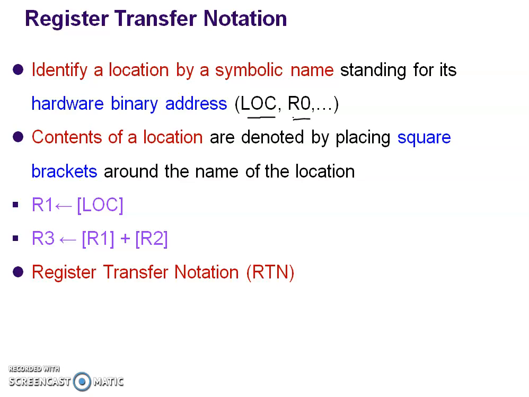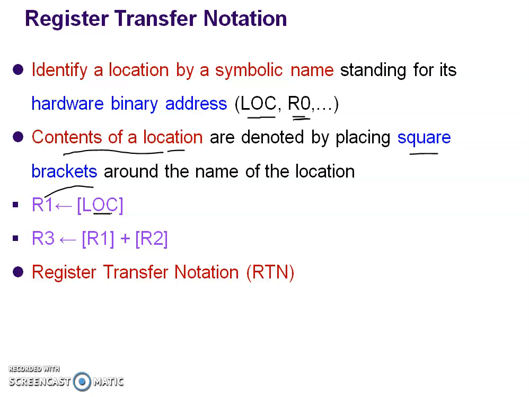We need to use some variables starting with R. That is a form of register transfer notation in order to identify any location. It makes use of symbolic names, and in order to retrieve the content of that location, we need to place square brackets around the name of the location.